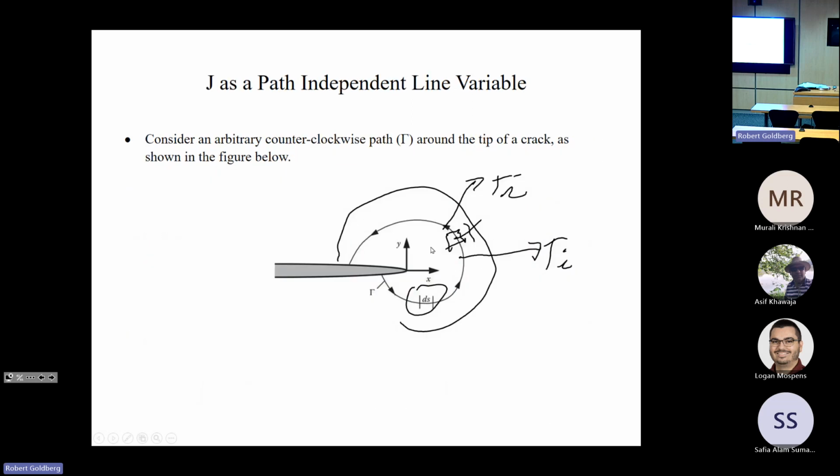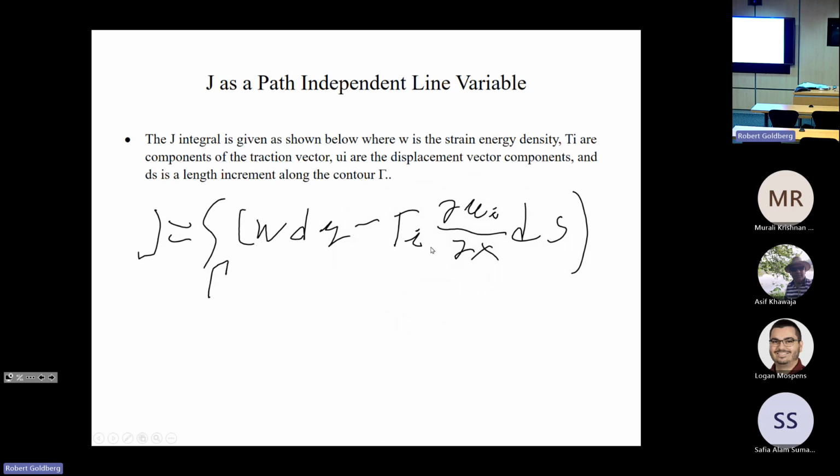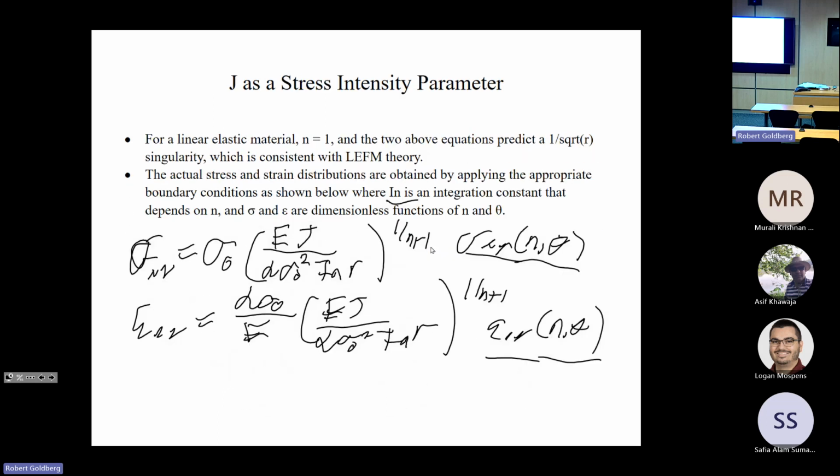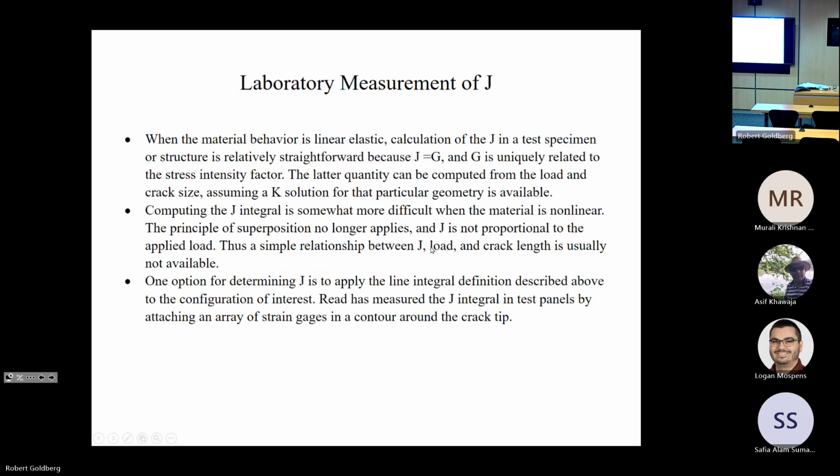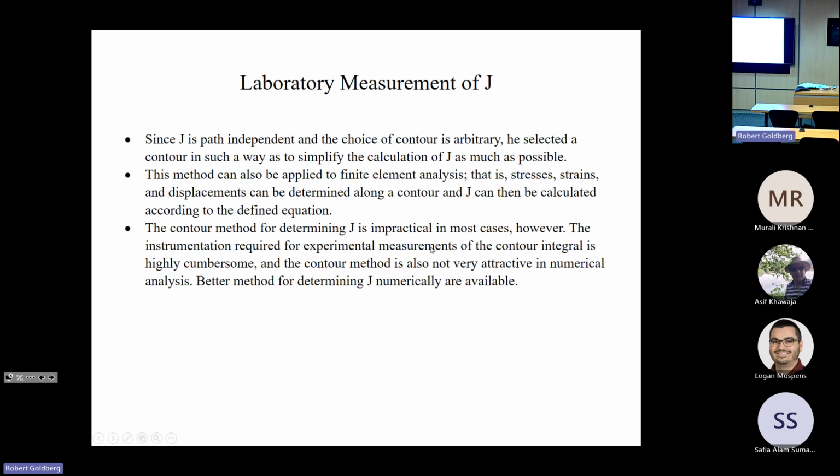Instead of just measuring it with finite elements, he just picked a contour and put in a bunch of strain gauges around the crack tip. So since J is path independent and the choice of contour is arbitrary, he set up the contour in such a way to simplify the calculation of J as much as possible.